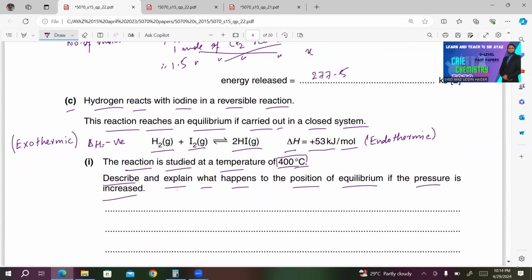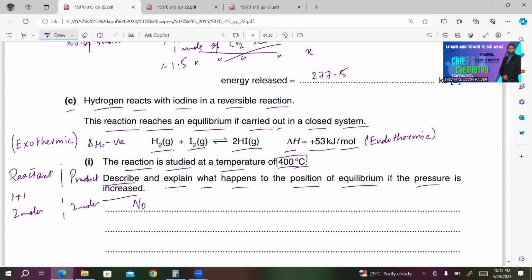So in this case, what will happen? There won't be any effect. The reason is that on the reactant side you have 1 plus 1, 2 moles or 2 volumes, and on the product side again you are having 2 moles. So there won't be any effect.